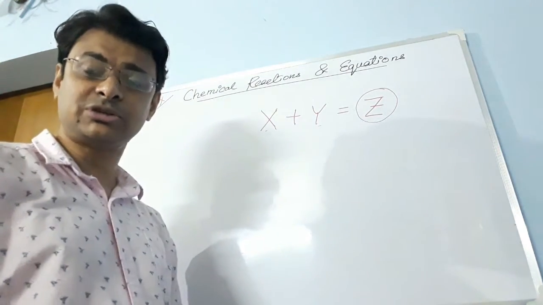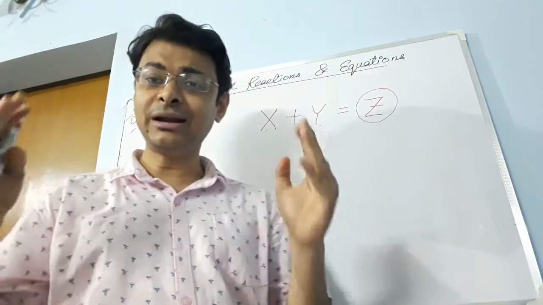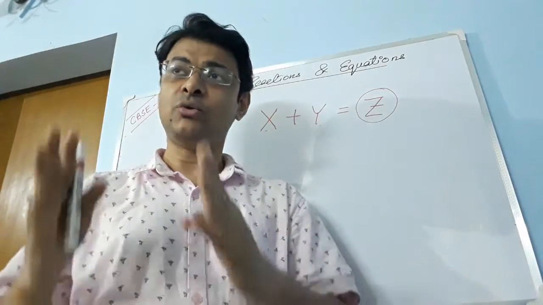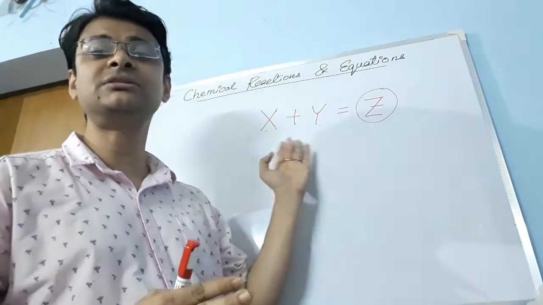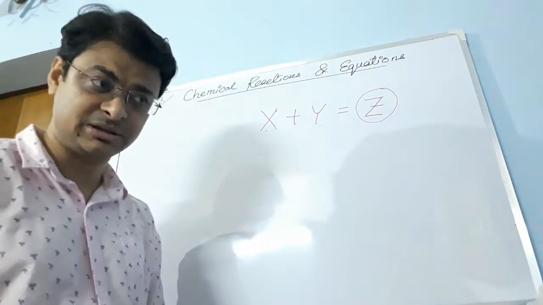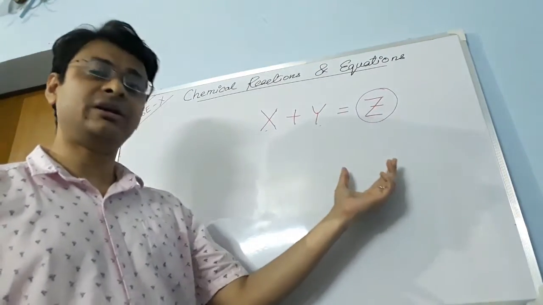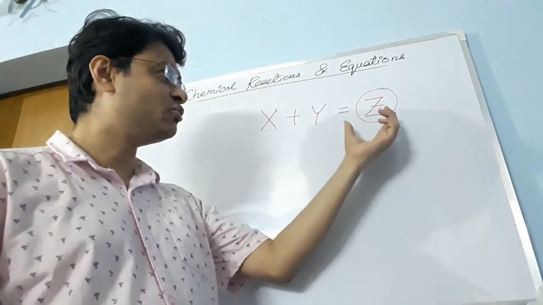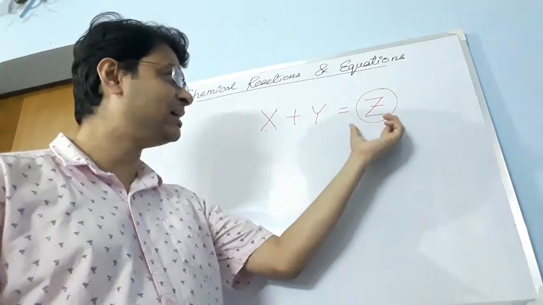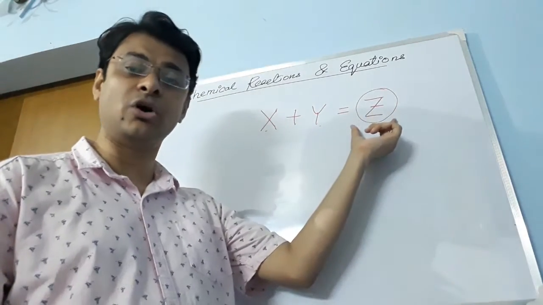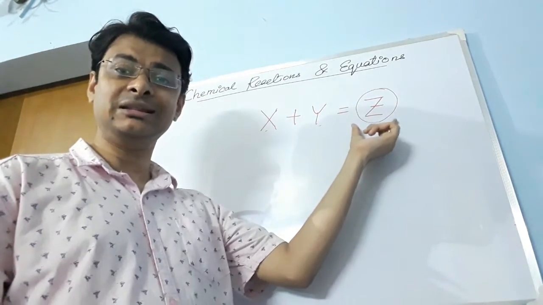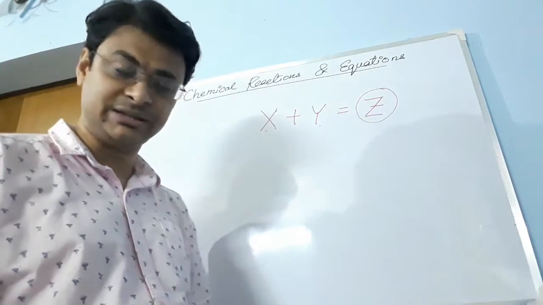So the new substance formed is completely different in characteristics, both physically and chemically, from the substances which have taken part in the reaction. Whenever by any means we cannot get the original compounds back from the compound formed after the reaction, we call that a chemical change.